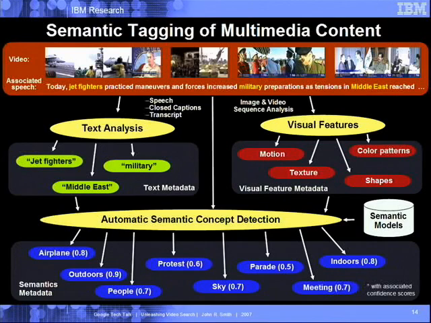MPEG7 has even standardized descriptors for things like color and color histograms and edge histograms and texture descriptors. There's already a very good foundation of things there. The next challenge, and where we are working, is to go one layer further, which is to create models of semantic content that could use this information.